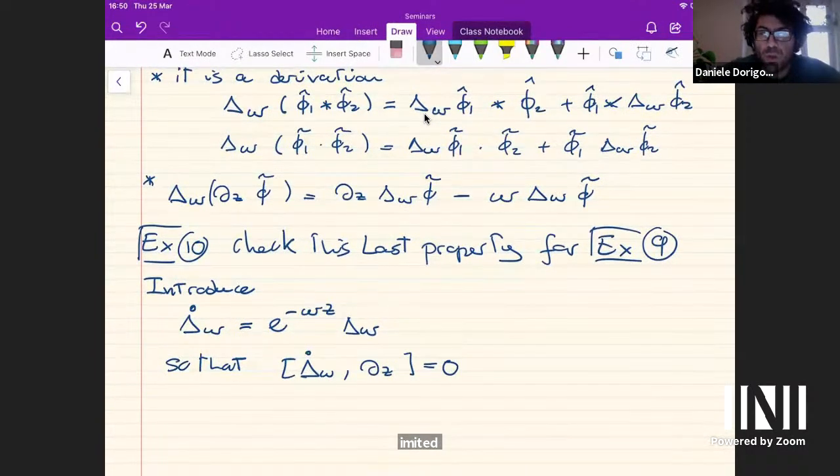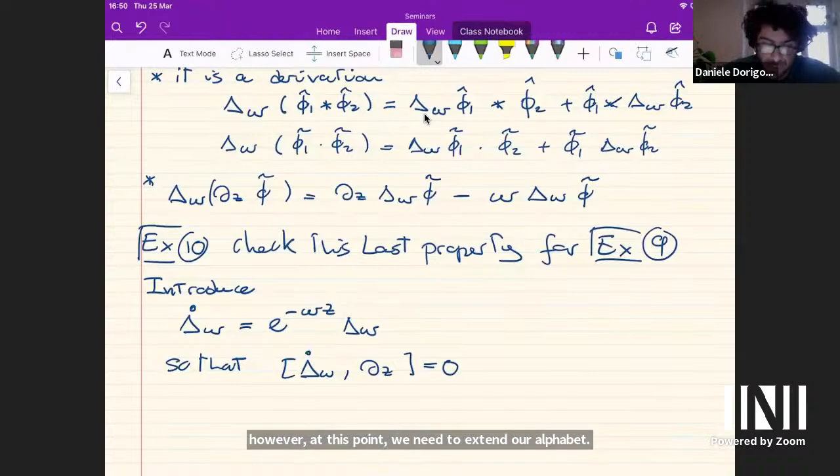However, at this point, we really need to extend our alphabet. There are some really nice lecture notes by Edgar on trans-series. I'm not going to give you the most general version because we don't need it. However, you see that at this stage, I'm introducing this new symbol, e to the minus omega z. This object does not exist as a formal power series.